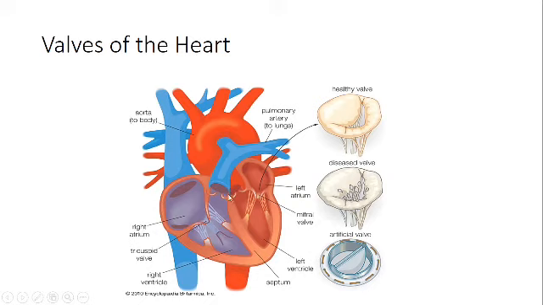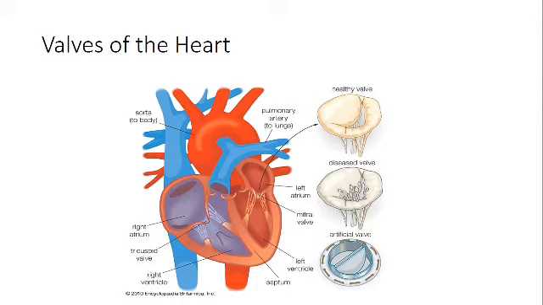This semilunar cusp forms the valve that leads into the pulmonary artery and into the aorta itself. So they are otherwise known as semilunar valves. But to be very specific, the valve that leads into the pulmonary artery is called the pulmonary valve. That which leads into the aorta is called the aortic valve.